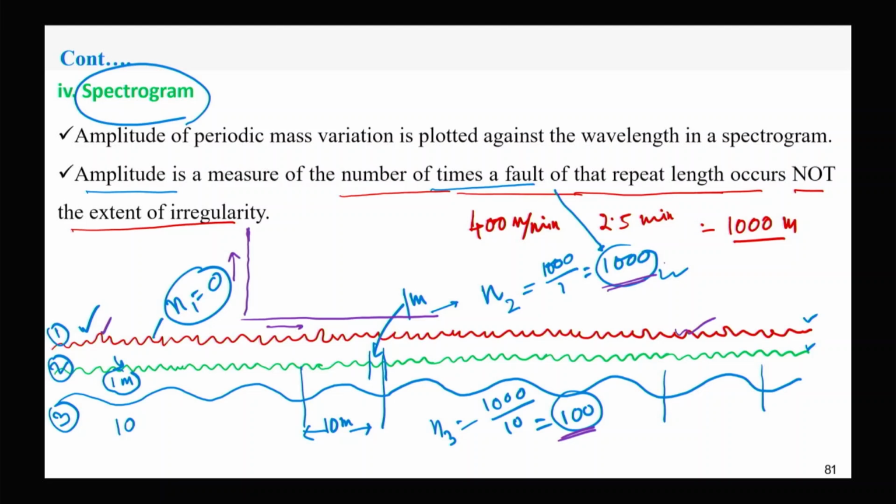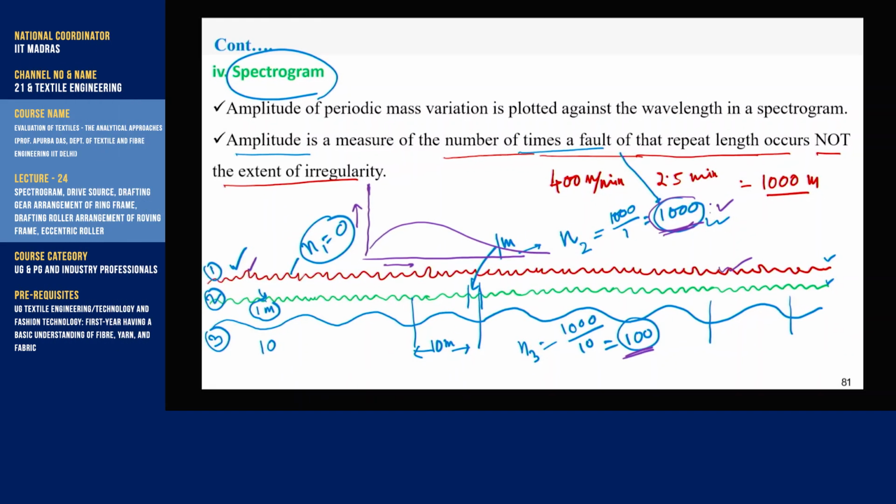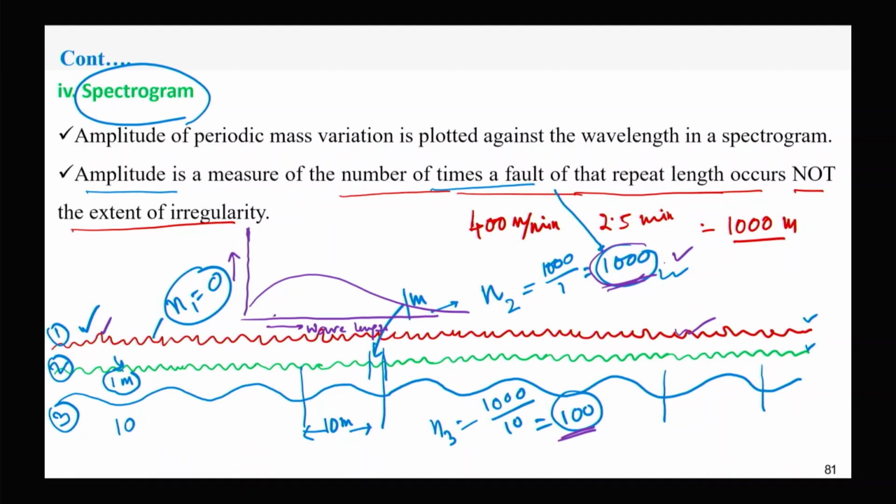So, the spectrogram is not able to identify it, but for yarn 2, this is a basic spectrogram, this 1000 will be plotted in the y-axis and at the wavelength of 1 meter. Here it's x-axis wavelength, and the 1000 will be plotted. This is 1000.